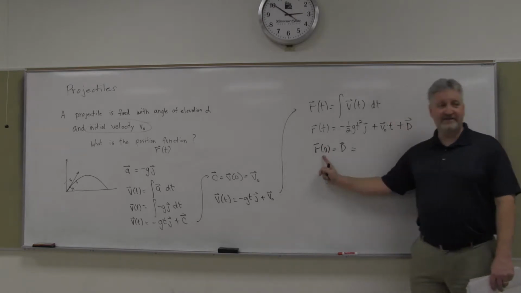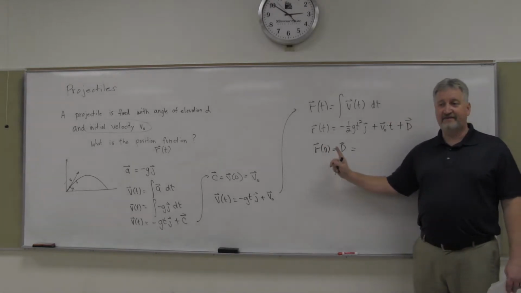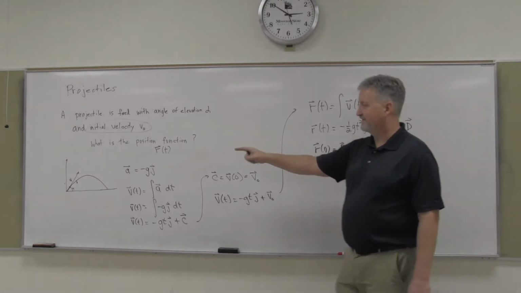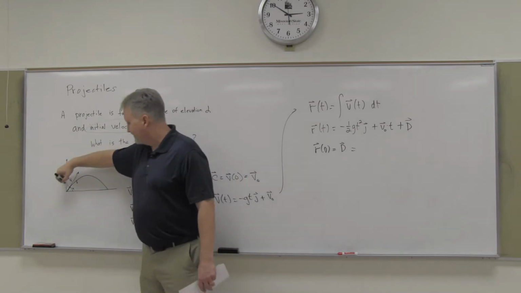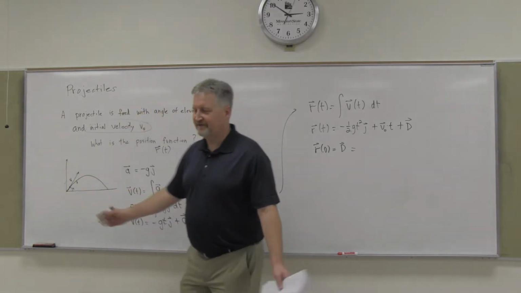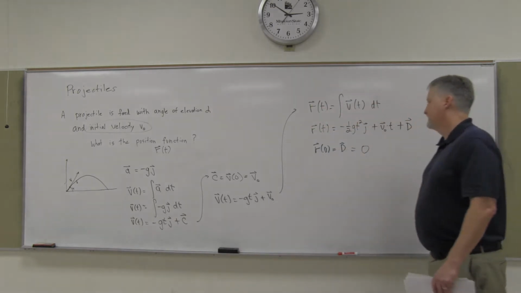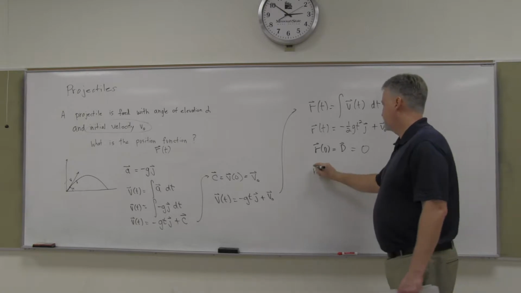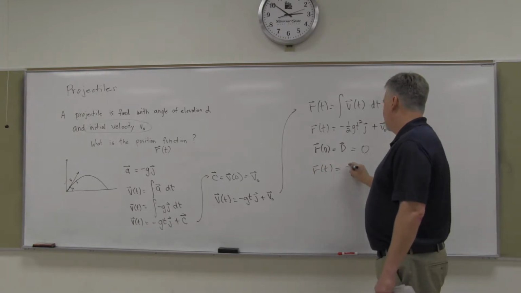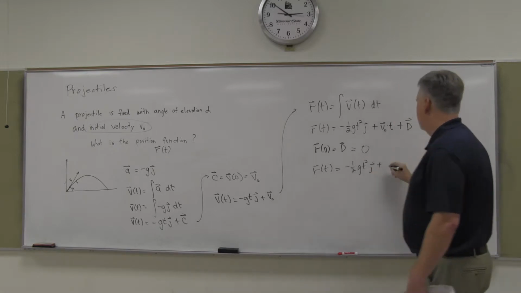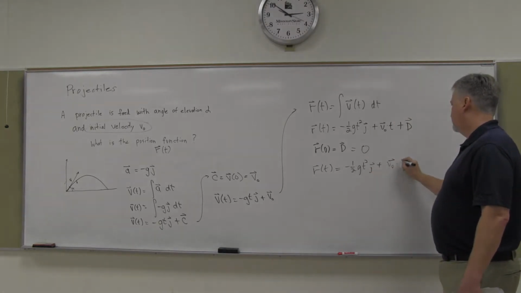That's the position at time 0. What's the position at time 0 here? Well, by our assumptions, it's 0, right? 0, 0. So, yeah, d in this case just winds up being 0. So r of t is just negative 1/2 g t squared j plus v0 vector times t.